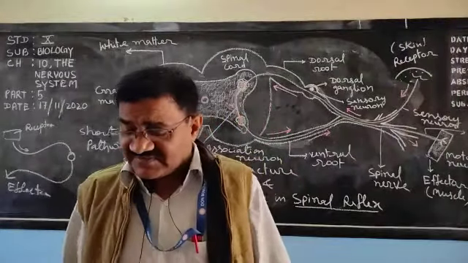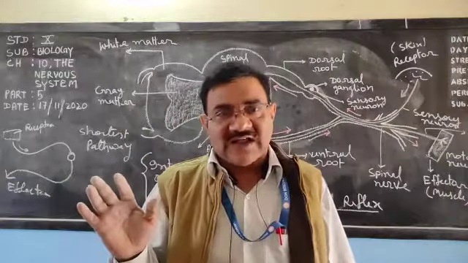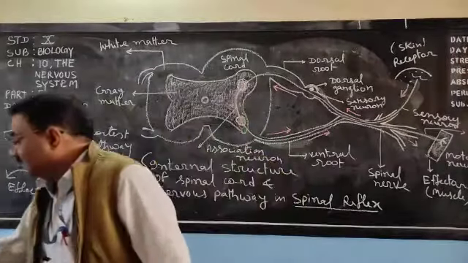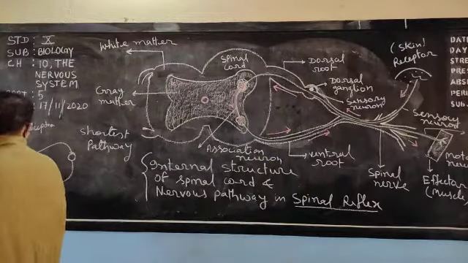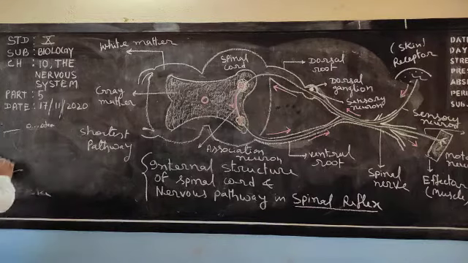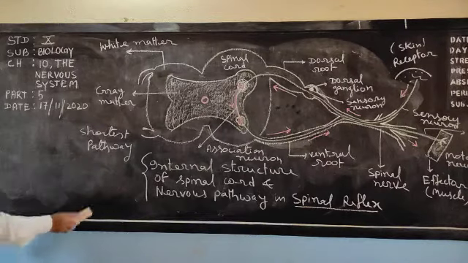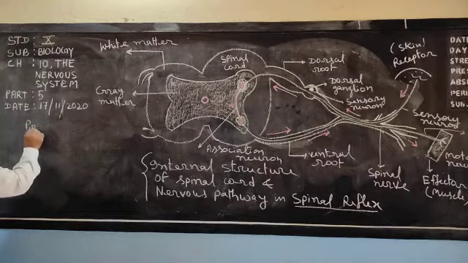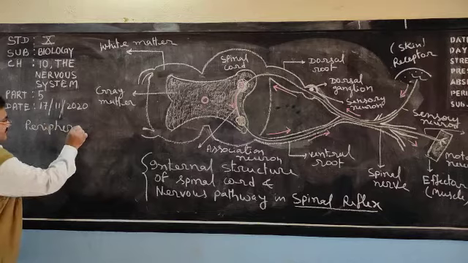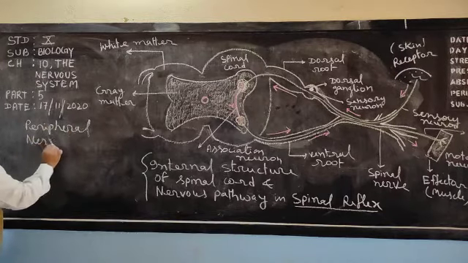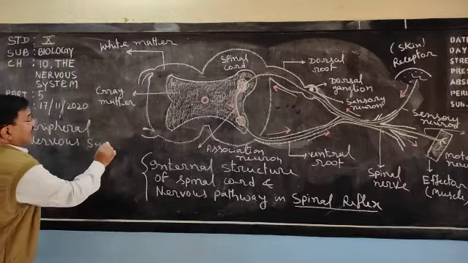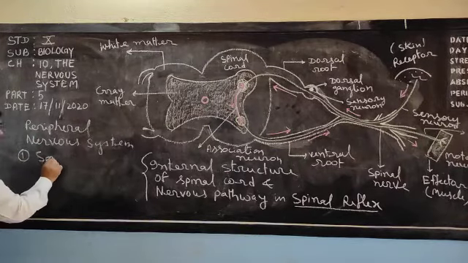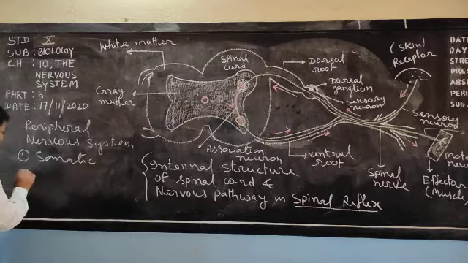The peripheral nervous system, or PNS, is of two types, that is somatic and autonomic.